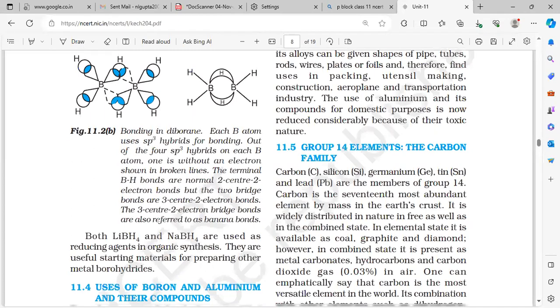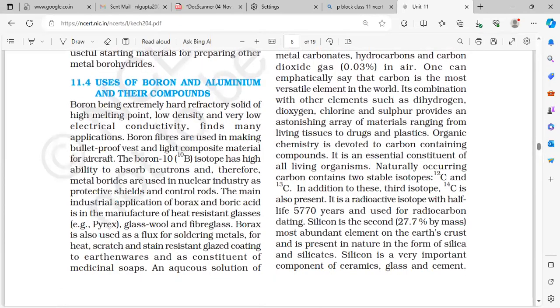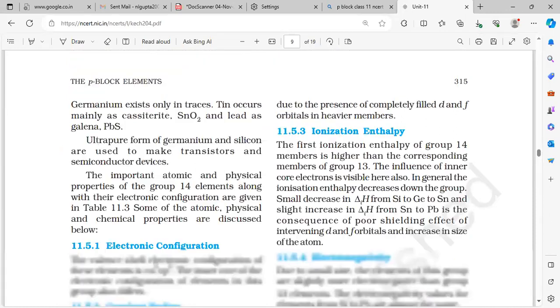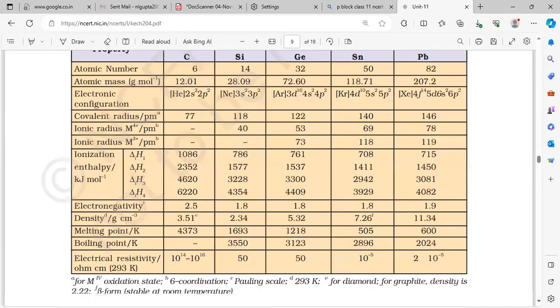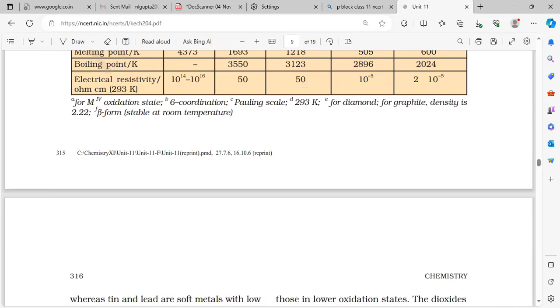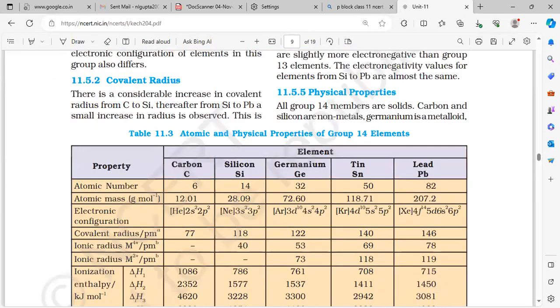See the group 14 general properties, they are similar, like ionization, all these things. Once you see the chart for the group 14 elements, this chart you can see. Okay, next one you can see.